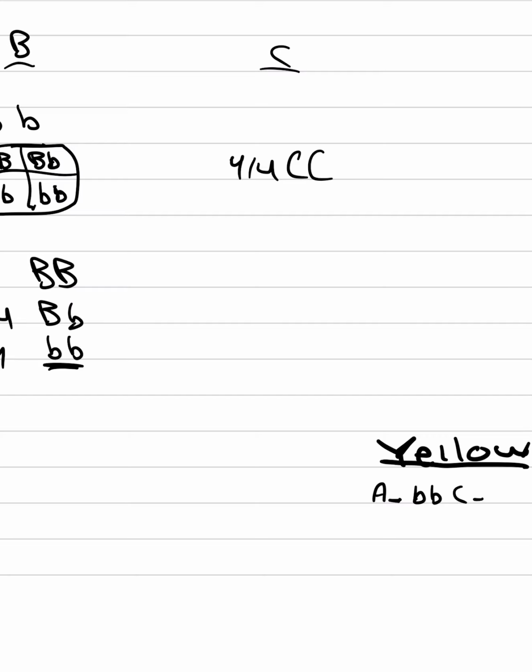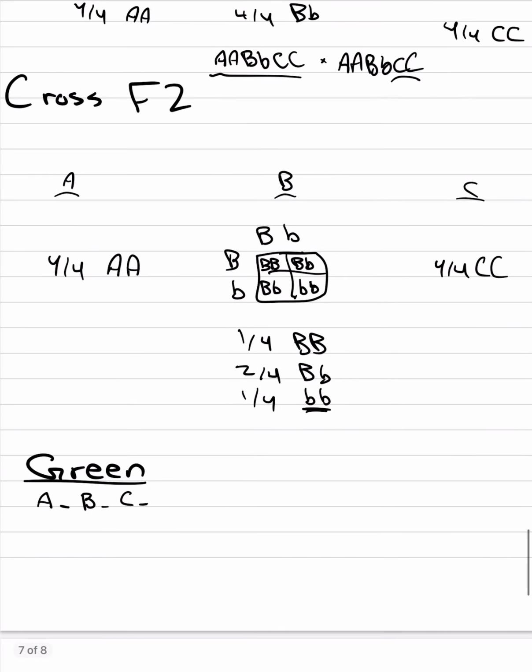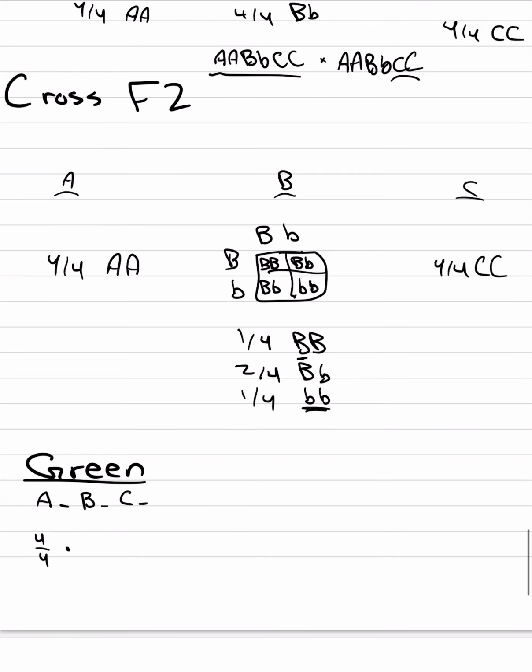This is all we need. Everything else doesn't matter. So, if we're looking at the green genotype, we know that the ratio for having the big A allele is 4 out of 4. We're going to put that down. So 4 out of 4 times the big B. We have 1/4 that are homozygous dominant, and 2/4, which is heterozygous, meaning they contain at least one big B allele.